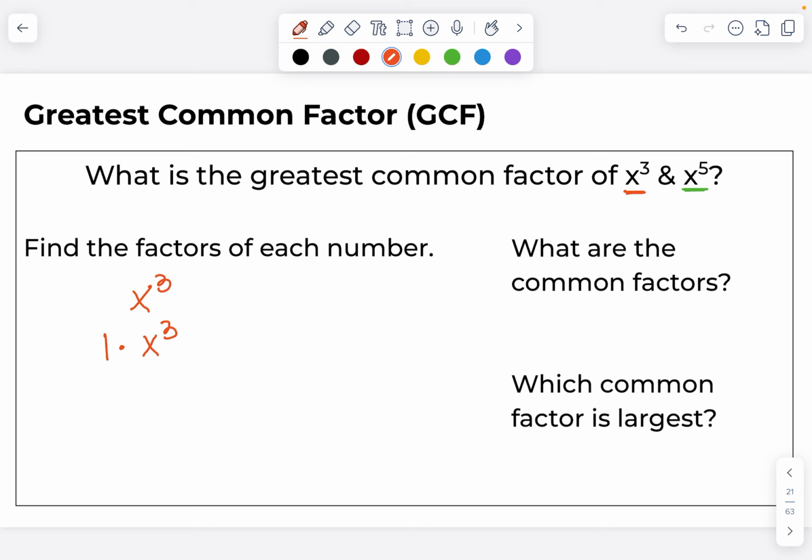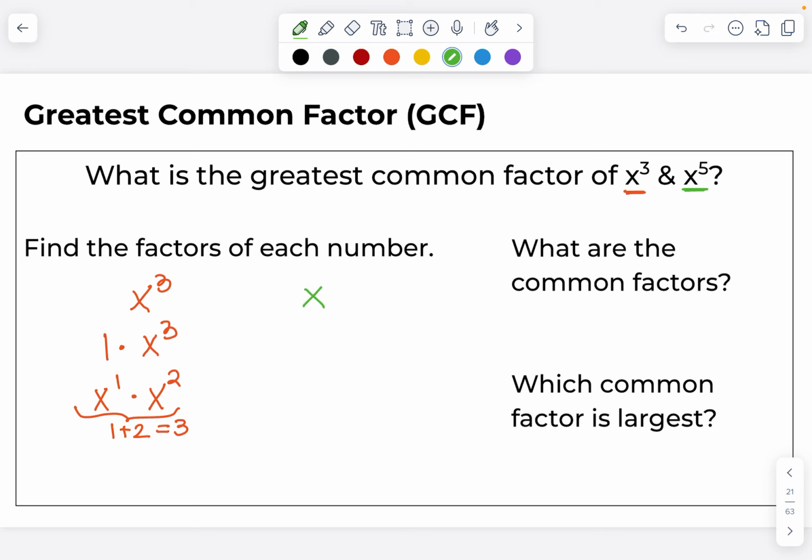The other set we could think about is x to the first times x to the second, which is one way this can be broken down. Remember, here we add our exponents together, so 1 plus 2 gives me that exponent of 3. I don't have any other way to break this down, because notice I go 1, 2, 3 in my exponent spot. There are no other possible ways x cubed could be broken into pieces.